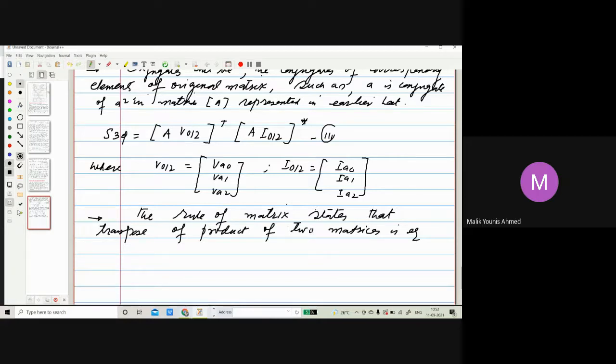So the rule of matrix states that the transpose of the product of two matrices is equal to the product of the independent matrices in reverse order.